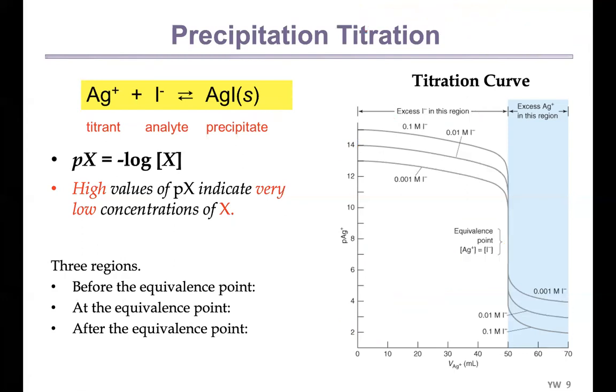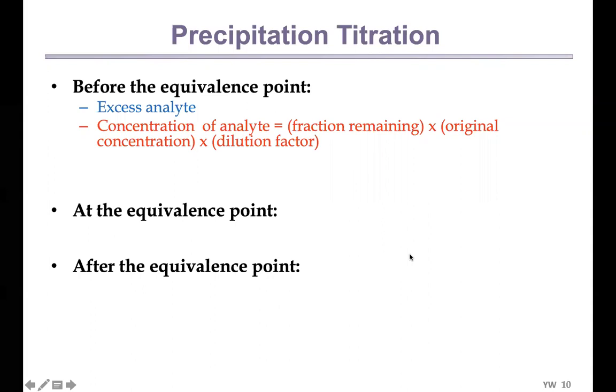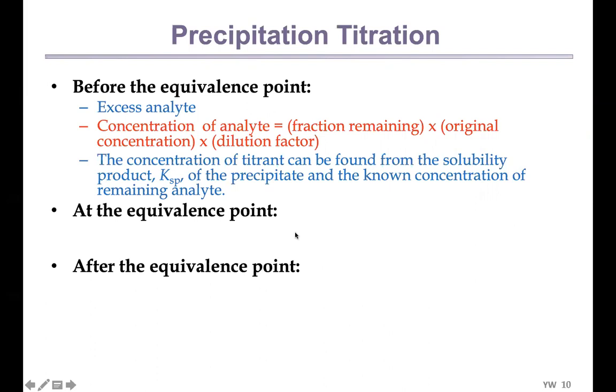Now, there is a bunch of calculation involved in this. We won't have time to finish it today. I will cover this next class, next lecture. When you have three different cases, before the equivalence point, at the equivalence point, and after the equivalence point, if you want to calculate the concentration of the analyte or the concentration of the titrant, there are different ways, okay?